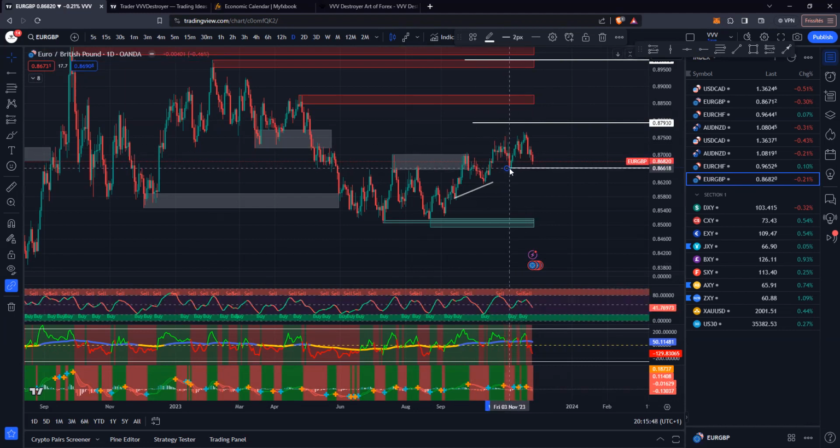Until this point breaks, the structure is not going to change. Okay, so if this point breaks, there is a possibility to the downside. If this point doesn't break, we're going to have another possibility to the upside, and I'm looking for this mostly.